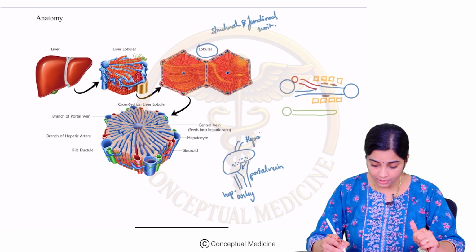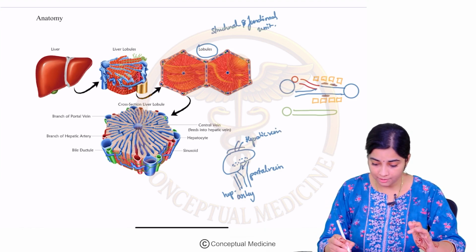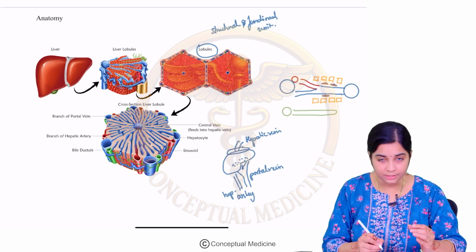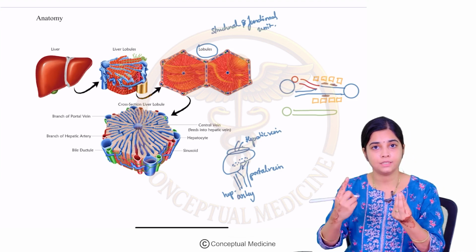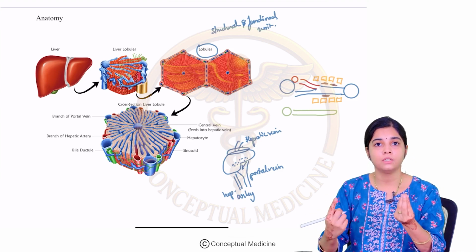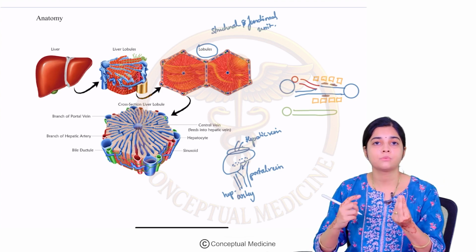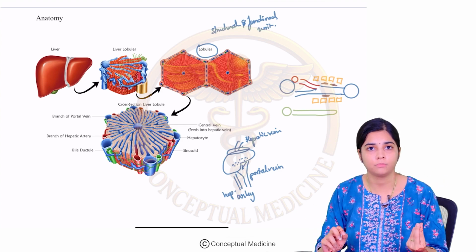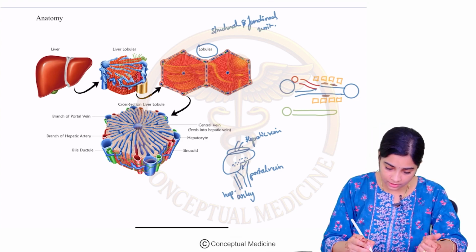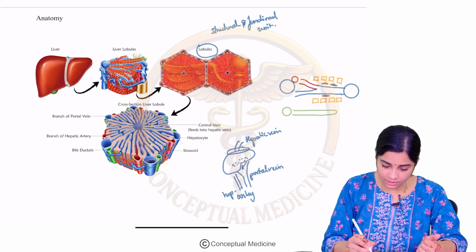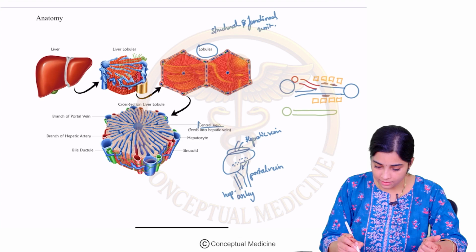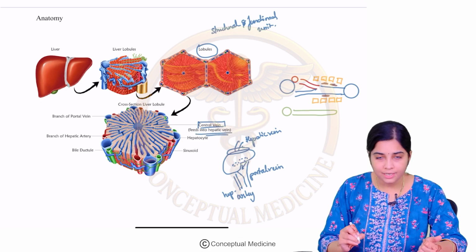If you take a cross section with the hepatic vein in the center, surrounding this are your portal tracts at 6 locations, which form the hexagonal lobule. This central vein feeds into your hepatic vein.